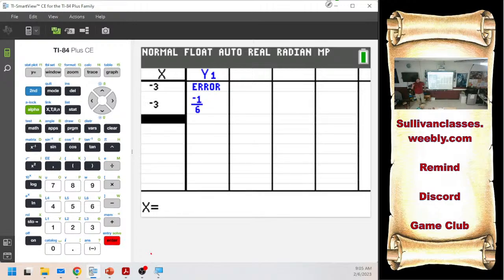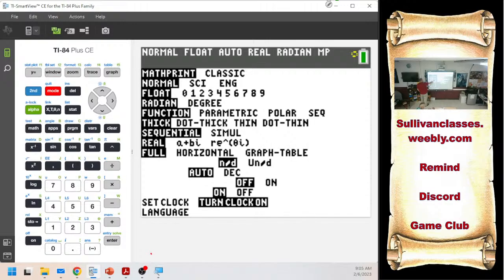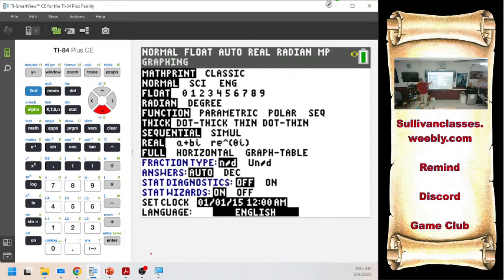Now, if you get close enough to the hole, without apparently getting too close, it'll actually tell you what the value is. Not always. Say I was in decimal mode. Y'all know you can swap your answers, right? Where if it's on auto and I type it as a fraction, it'll give it to me as a fraction.